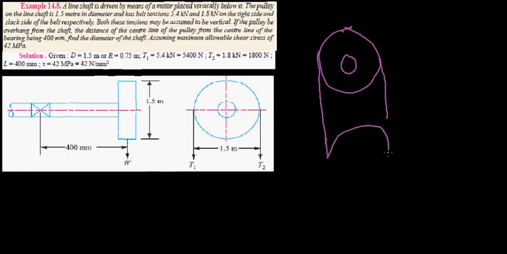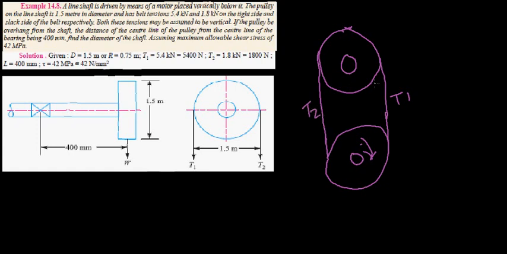It is driving this. So this is a motor pulley, this is motor shaft, and it is rotating this, and there is a tension in the belt. Say if the motor is rotating in this direction, this would be our T1 and this would be our T2.